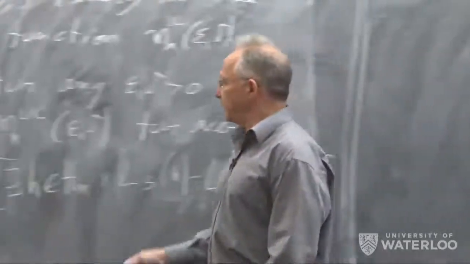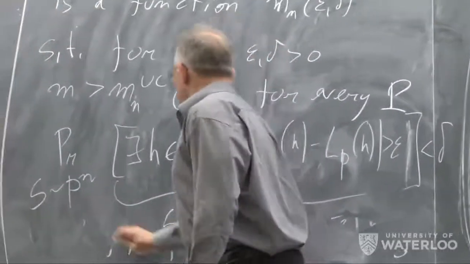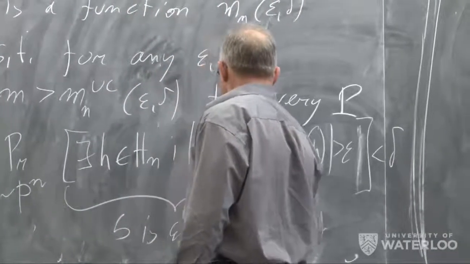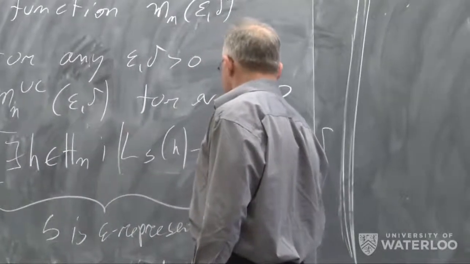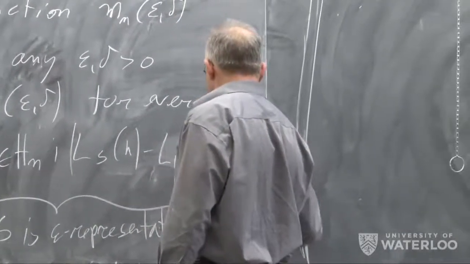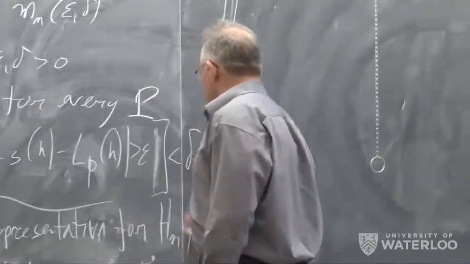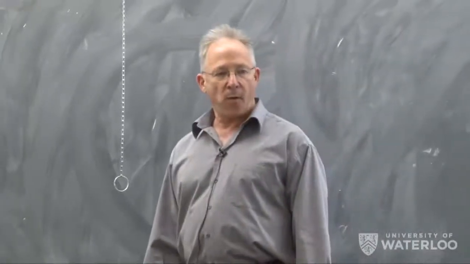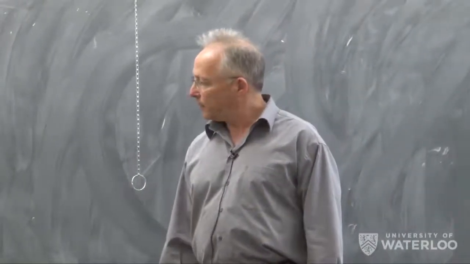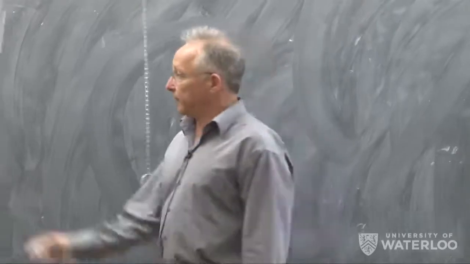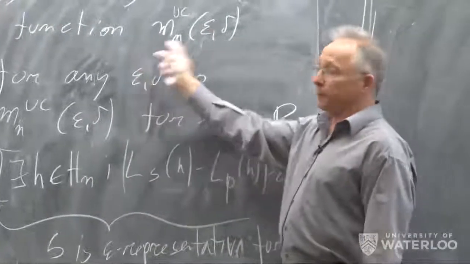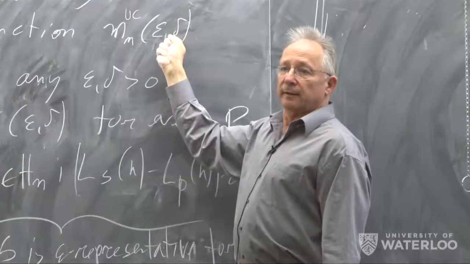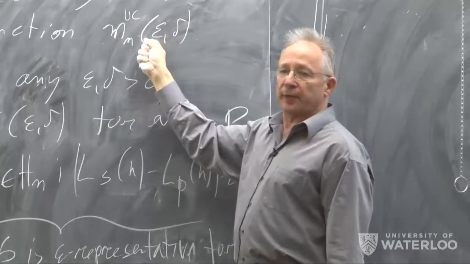In other words, S is epsilon representative for Hn with respect to P. So this number was the sample size that I need so that with probability greater than 1 minus delta, my samples will be epsilon representative.